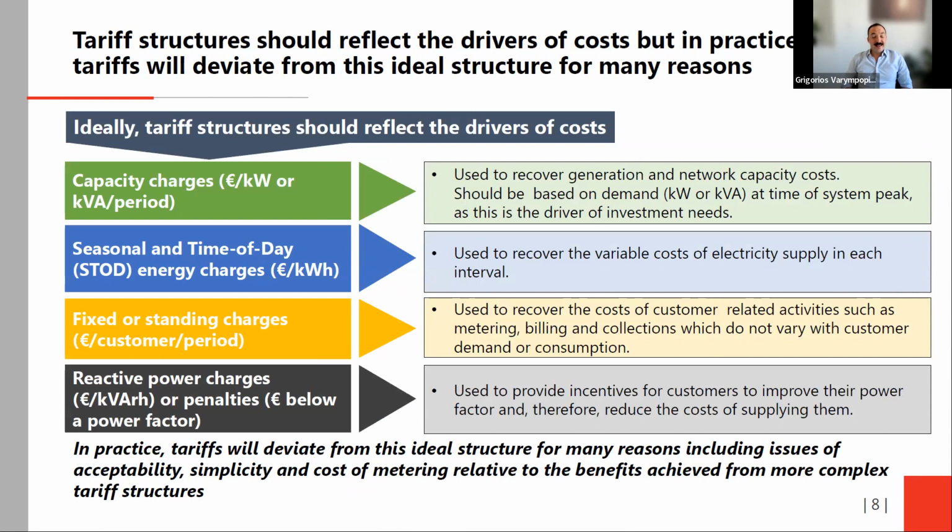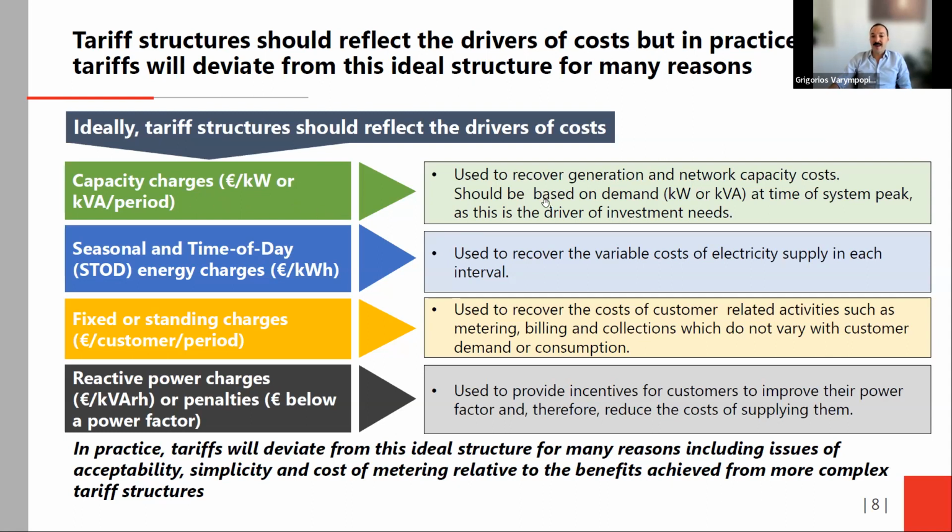Now let's look at the type of charges that are being applied. Tariff structures should reflect the drivers of costs, but in practice, tariffs will deviate from this ideal structure for many reasons. So capacity charges, and here they are defined the charges which are, for example, euros or a currency per kilowatt or per kVA for a specific period, should be used to recover generation and network capacity costs, so the fixed costs of the networks.